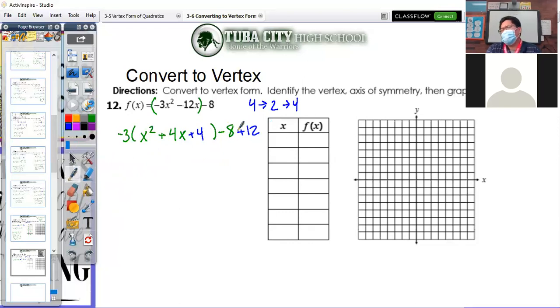And again, this is one of the trickier things, I think, that tends to be forgotten. So let's go ahead and go f of x equals negative 3, and oops. Oh well, I'm going to just throw this in there. So x plus 2 squared. And again, it's just that number. This number goes in here.